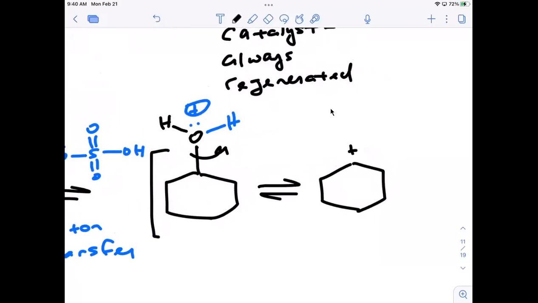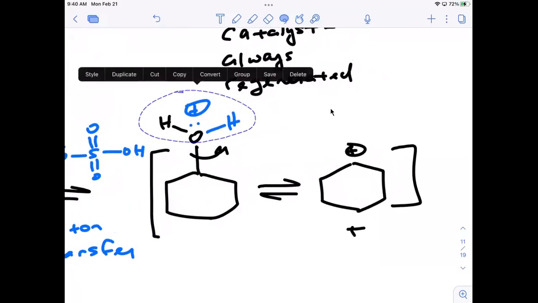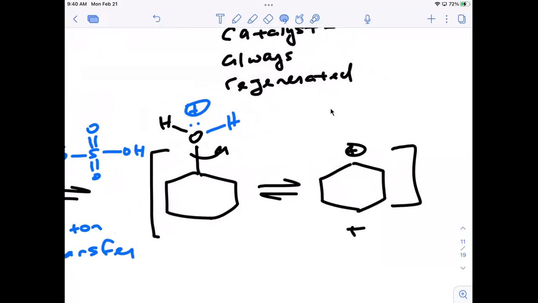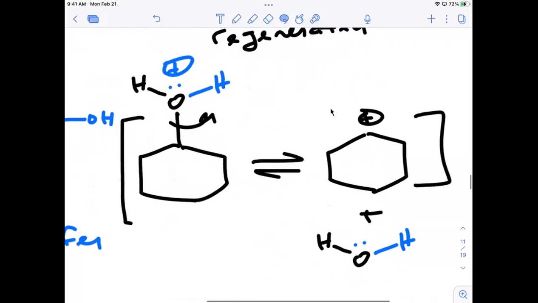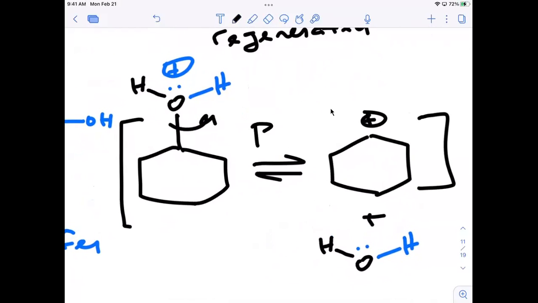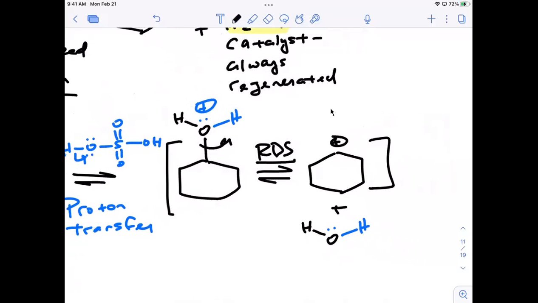All right, so this is now positive. That's my carbocation. And then I also lose water. So it's plus, let's see if I can copy that. Paste it. Plus that. All right, everybody good so far? So this is the rate determining step right here. Loss of leaving group, just like in the SN1.